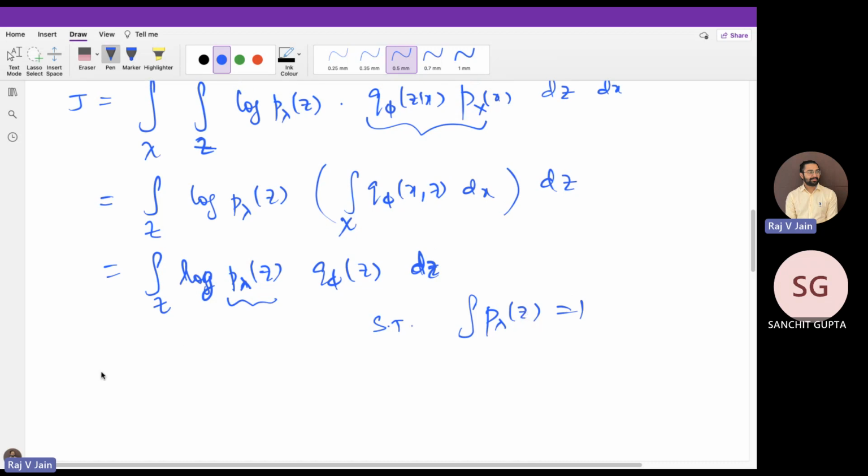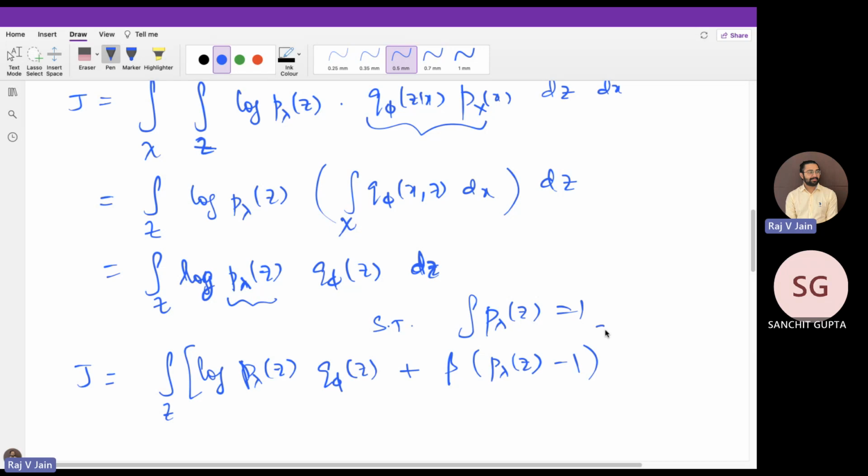Lagrange multipliers, right? So your final J becomes something like this: P lambda of Z, Q phi of Z, minus, let's say, or plus, let's say, beta times the integral of P lambda of Z minus 1 dz.